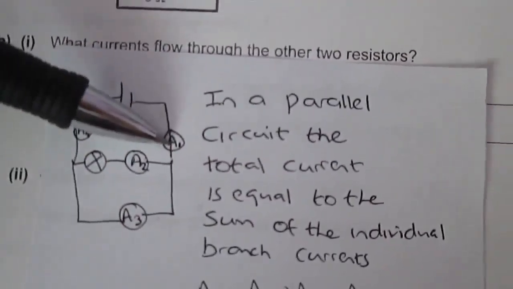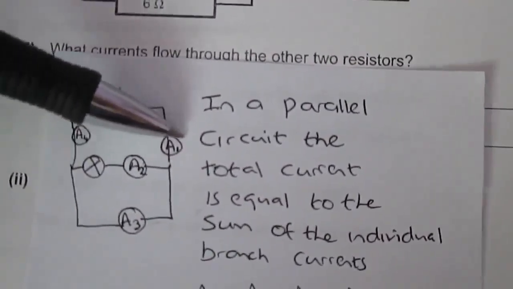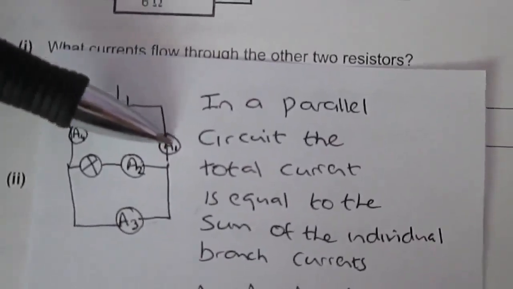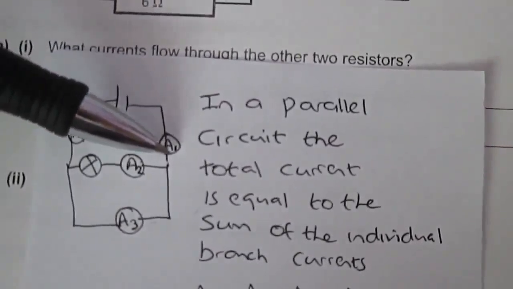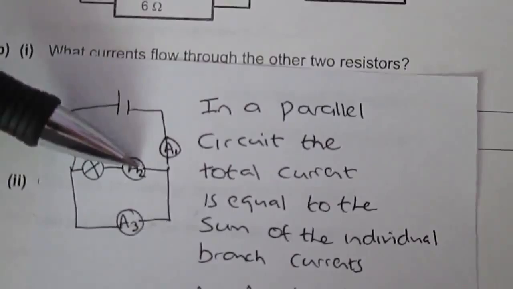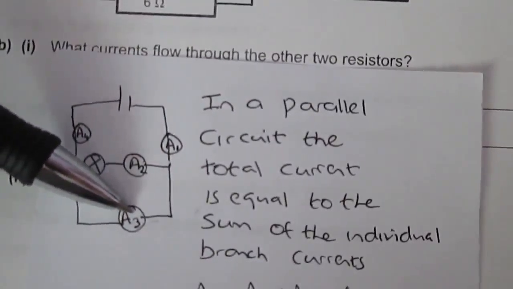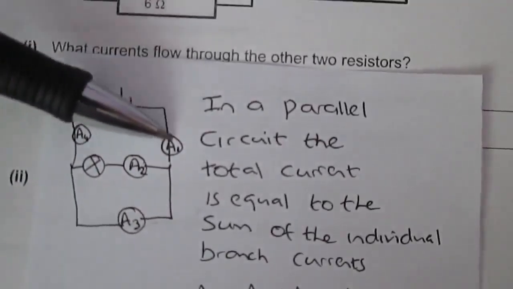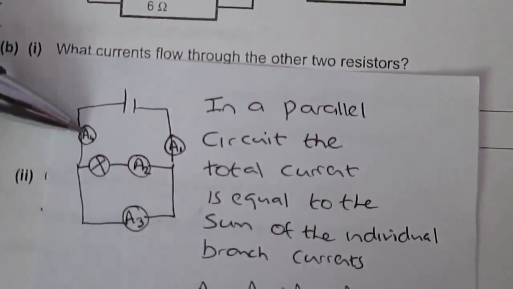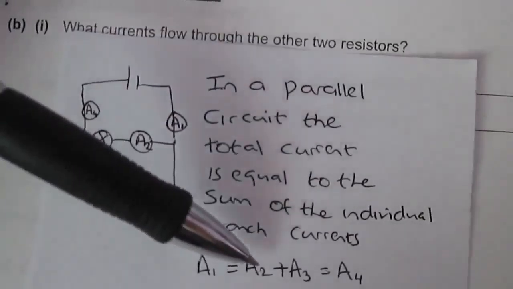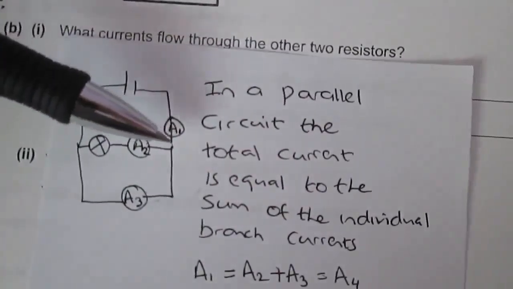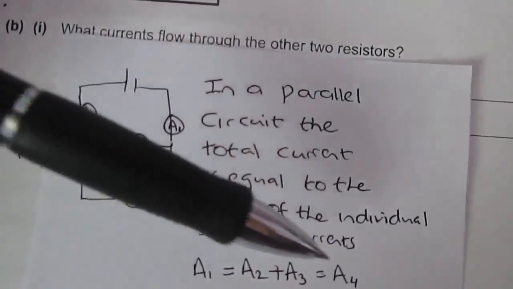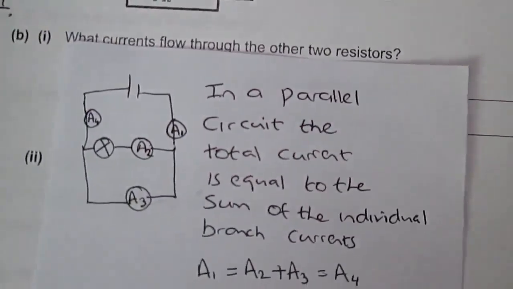If we looked at A1, that was our starting current, A1 should equal A2 plus A3. And then they'll join together and give you A4. So A1 and A4 are the same, and A2 plus A3 should give us A1, and A2 plus A3 should give us A4, because they're the same.